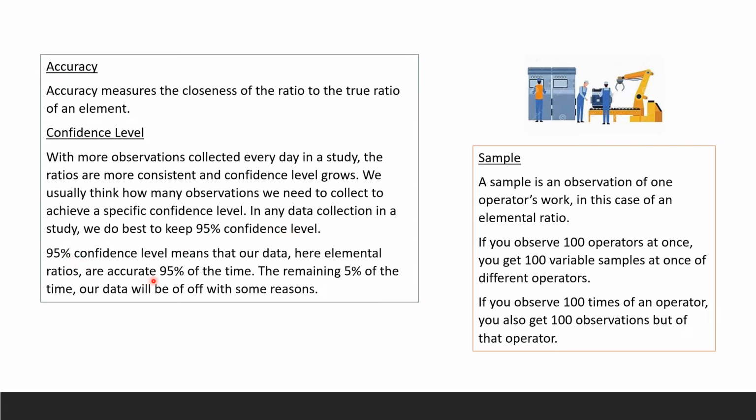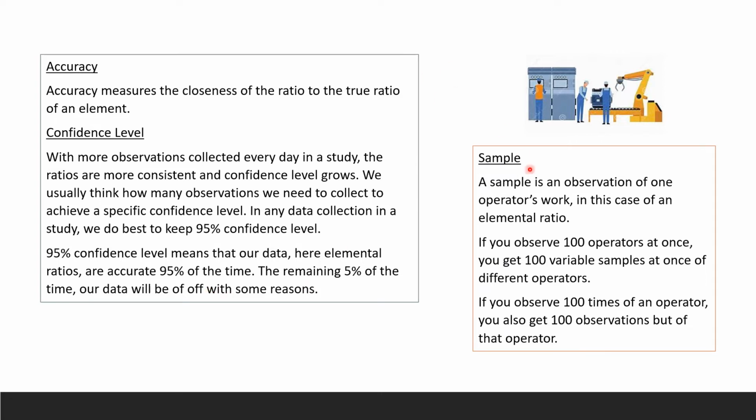So a 95% confidence level means that our data, here the elemental ratio, is accurate 95% of the time. The remaining 5% of the time, our data will be off for some reason, and we call that error.